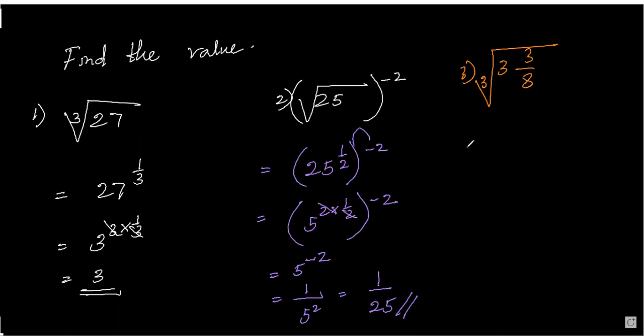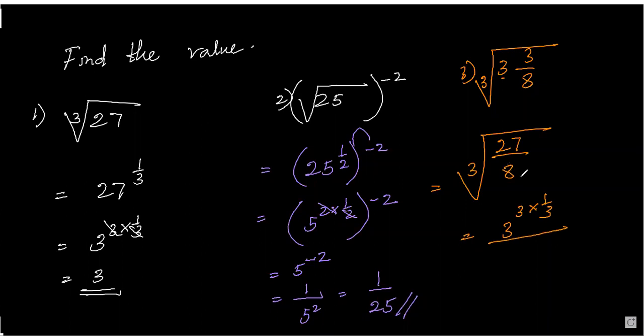First you have to convert this to an improper fraction. Right, this is a mixed number. 8 times 3 is 24, 24 and 3 is 27 over 8, to the cubic root. 27 you can write like this, 3 to the power 3 into 1/3, divided by, this is also you can write 2 to the power 3 into 1/3.